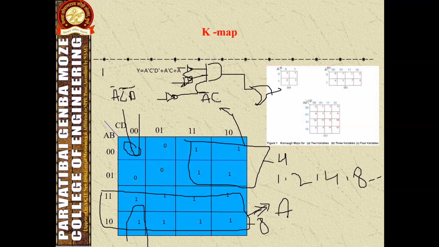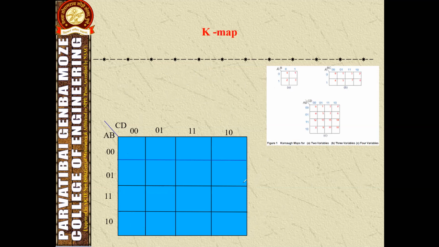And another AND gate will be used here. This AND gate should consist of the value A bar, so this is the A bar we can connect, and C. So this is C behind the inverter we can consider like this. And another AND gate which is having a single input, that is A bar. So this is the way of designing the combinational circuit here.